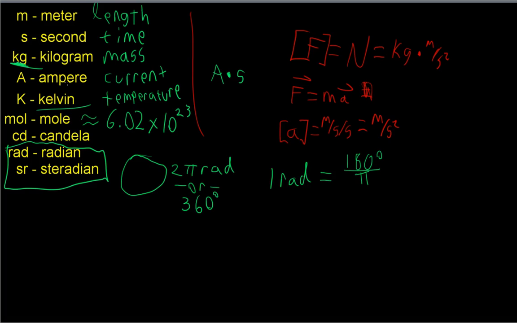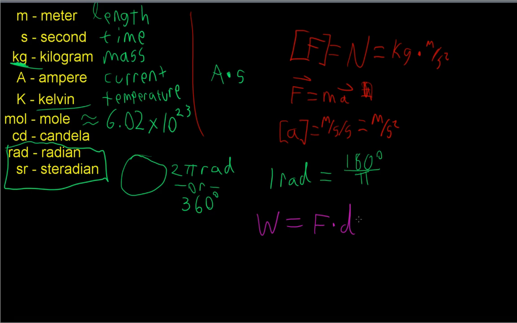And you can get even more complicated. All you have to do is go back to whatever formula you're working with. For instance, work, as long as you're moving perpendicular to your motion, is defined as force times distance.